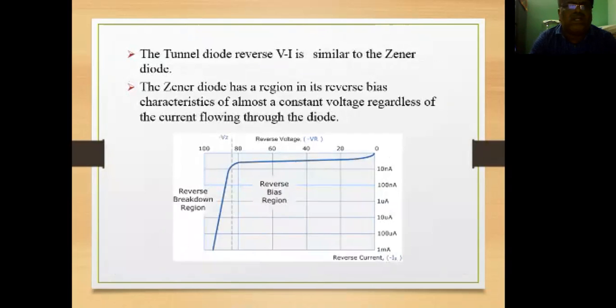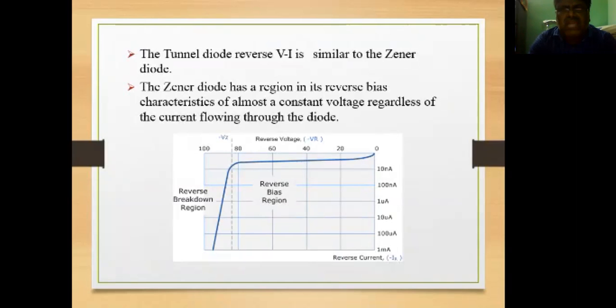Next, the tunnel diode reverse VI characteristic is similar to the Zener diode. The Zener diode has a region in its reverse bias characteristics of almost constant voltage regardless of the current flowing through the diode. The Zener diode also operates in the reverse bias direction. So the tunnel diode under reverse bias is just like a Zener diode.